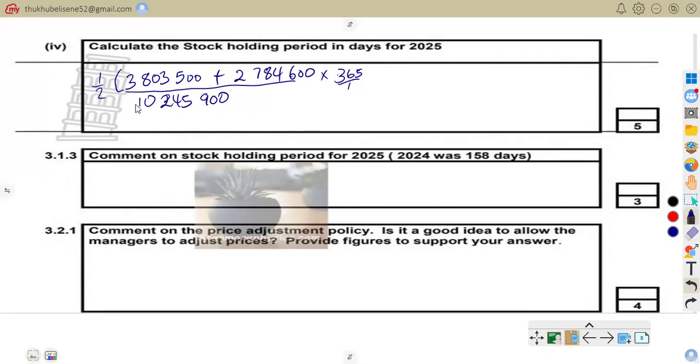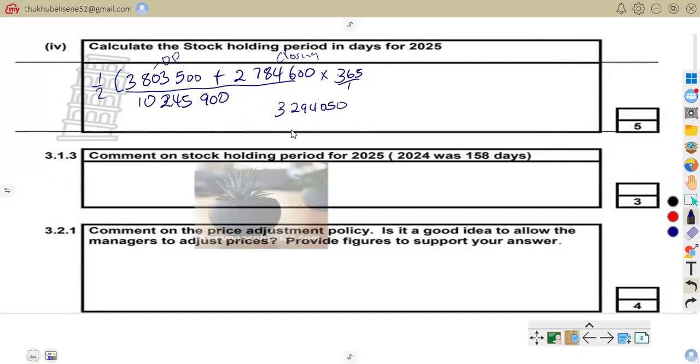So all in all, we're going to add the opening stock and the closing stock, and then multiply by half. Remember, this is opening stock and this is closing stock. And then you are going to get 3,294,050.